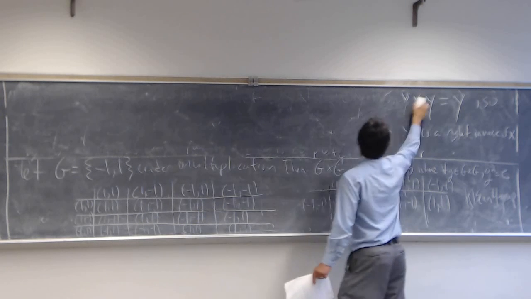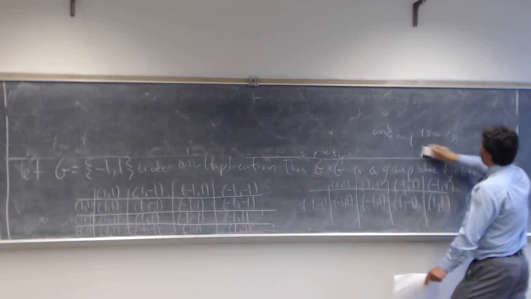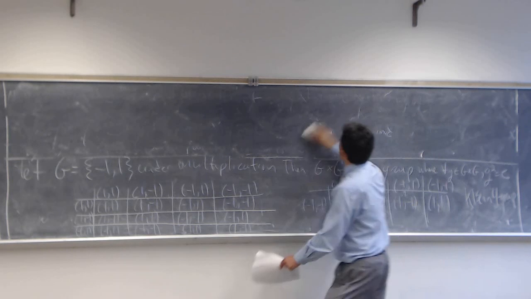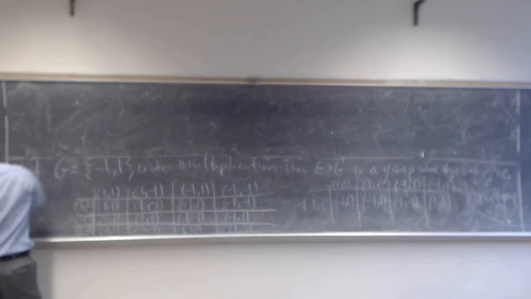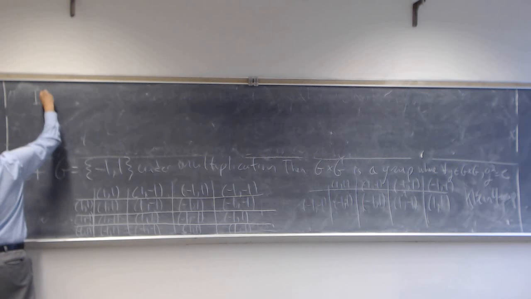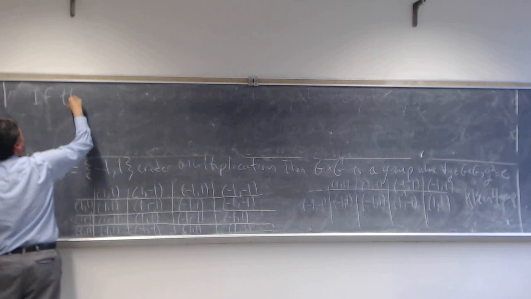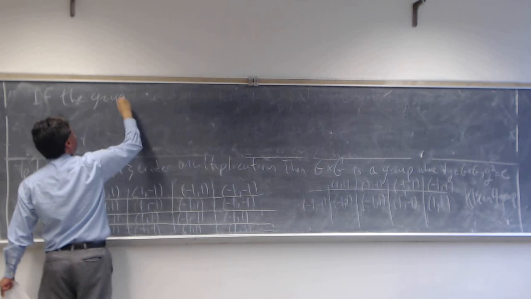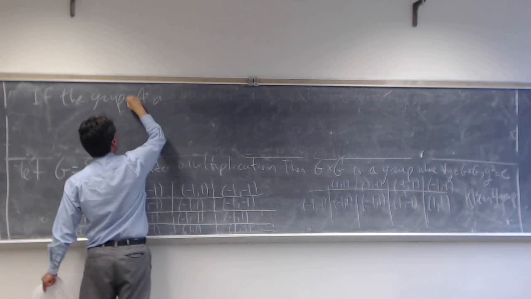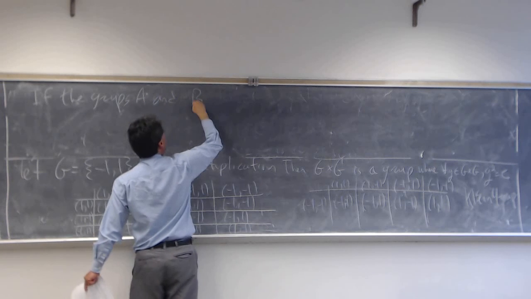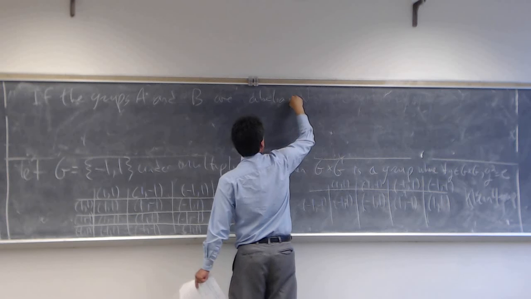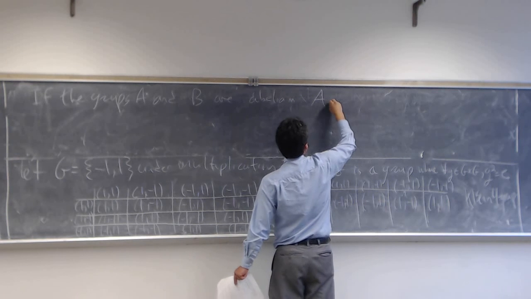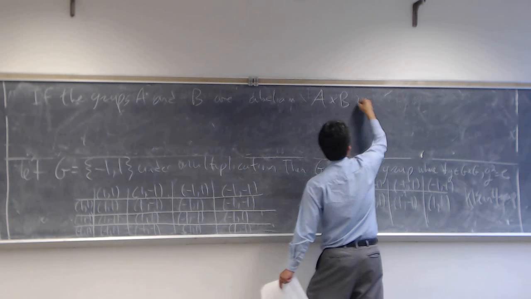So that's really a corollary of that earlier theorem. If the groups A and B are commutative, or abelian, then A cross B is abelian as well.